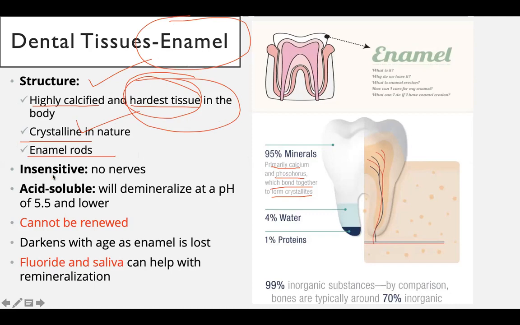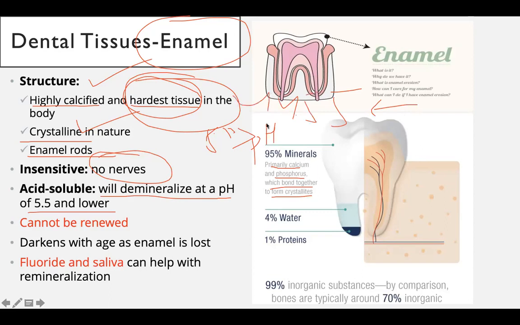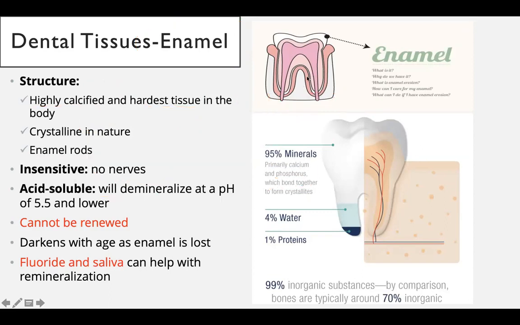Enamel rods. Insensitive. This is the outermost part, which is insensitive, it does not have any innervation. Acid soluble, it will demineralize at a pH of 5.5 or lower, which means a pH towards 5 or 4.5 and 4, and then your carbonated drinks like cola and Pepsi and Fanta.